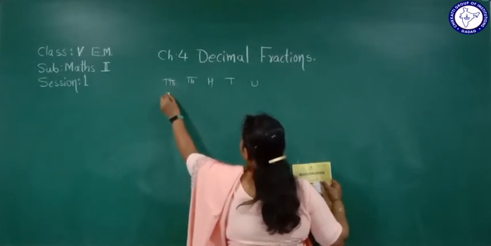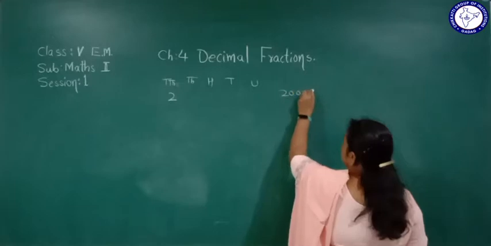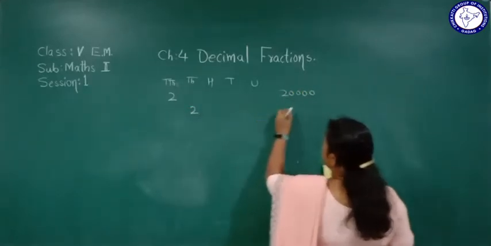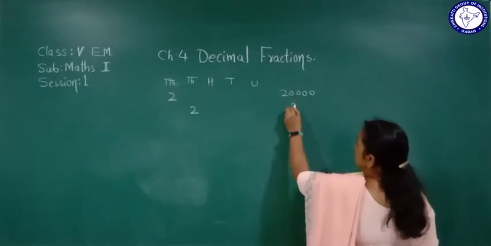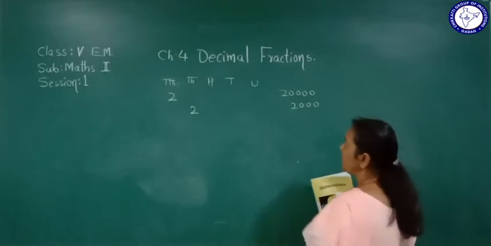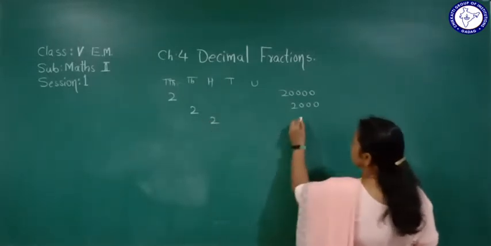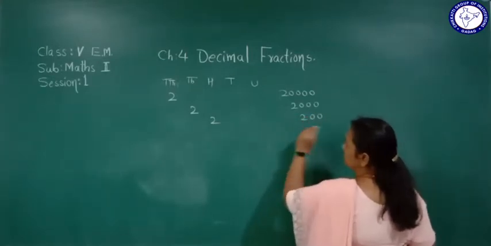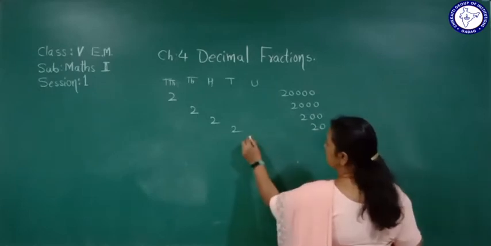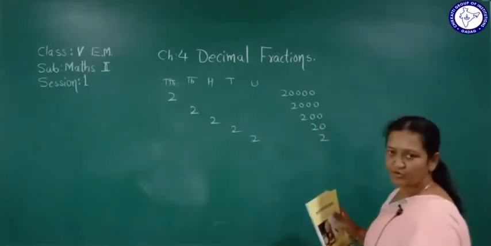Here suppose we have a 2, then its place value is 20,000. If this 2 goes to 1000 place, its place value is decreased by 10 times and its place value is 2000. Now if this number is in 100 place, then its place value is 200. If this 2 is in tens place, its place value is 20, and if it is in unit place, its place value is 2.